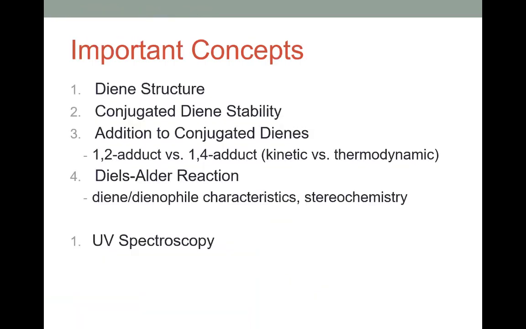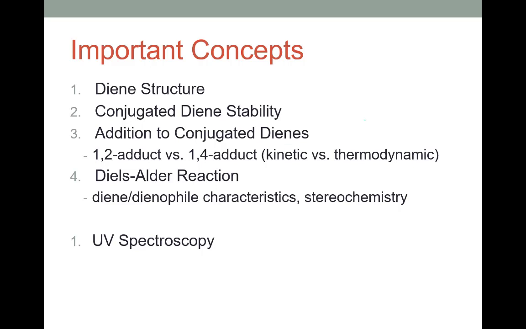So as we wrap up here, our important concepts are the idea of dienes and why they're important, why conjugation provides stability, that discussion of atomic versus molecular ways of thinking about the electrons, the addition reactions between 1,2 and 1,4, or the so-called kinetic and thermodynamic reactions.